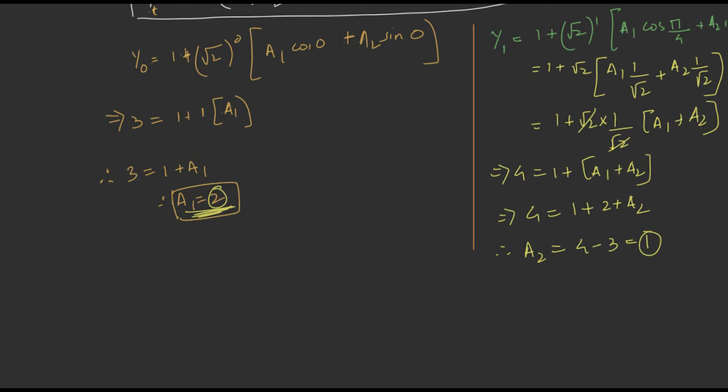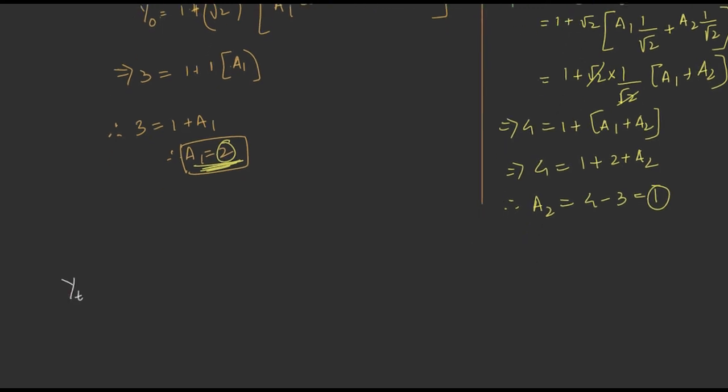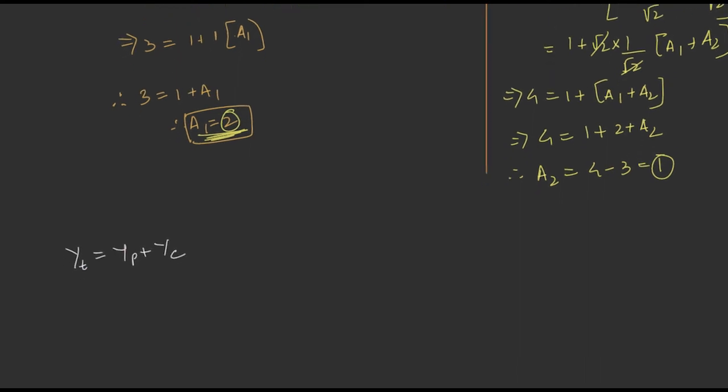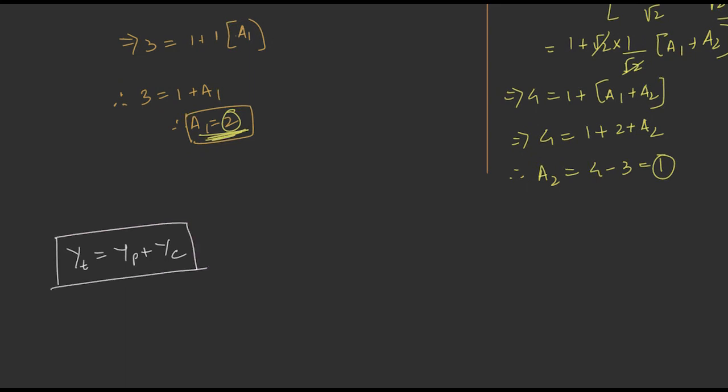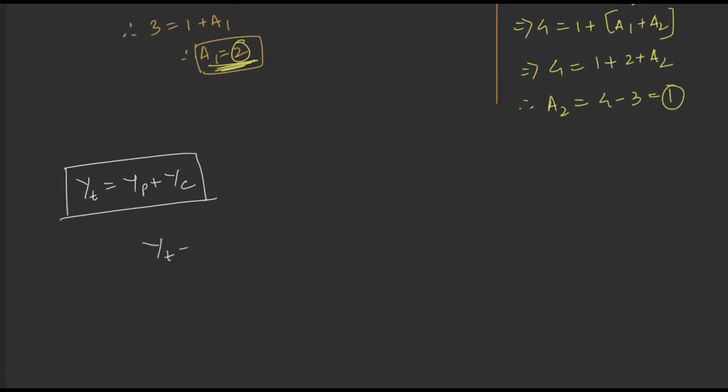Therefore, finally we get the equation yt or y equals yp plus yc. So yt equals 1 plus root 2 to the power t, a1, what is a1? 2 cos t pi by 4 plus what is a2? 1 sin t pi by 4.